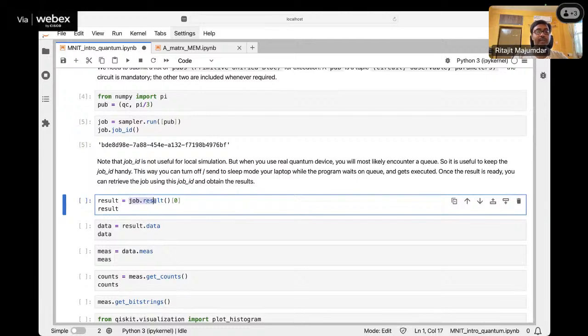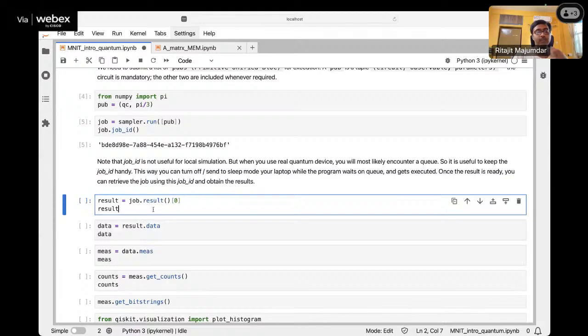So now we are getting this job.result. And from this result, remember, this is a list. So ideally, I can pass in, say, 10 such pubs, 100 such pubs, and I'll have to retrieve each of these elements. I have passed in only one pub, so the 0th element of that list.